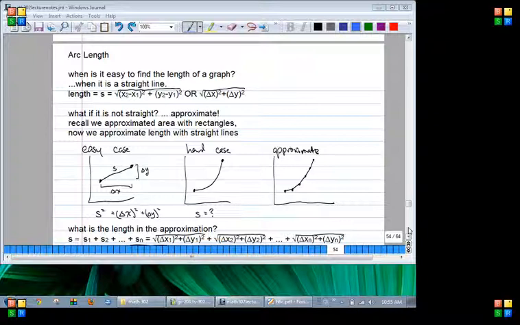We're going to want to make it so that all the delta x's are the same size. And then delta y is whatever delta y is for that delta x. So delta x is constant, but delta y is changing, and we sort of understand that just because this is the way that we do it all the time. Does that make sense? I think that makes sense because we've done this before.